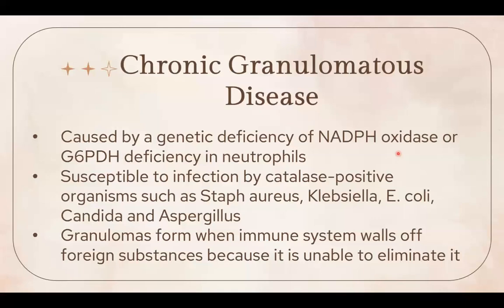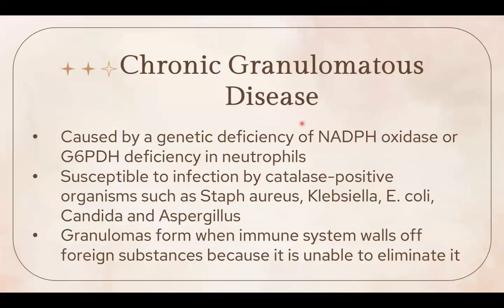We have Klebsiella, E. coli. E. coli causes UTIs, stomach bugs, can cause diarrhea. Candida, that's a fungus, can cause oral thrush or vaginal candidosis. Then we have Aspergillus. So these are all bacteria that are heavily dependent on the function of NADPH oxidase.